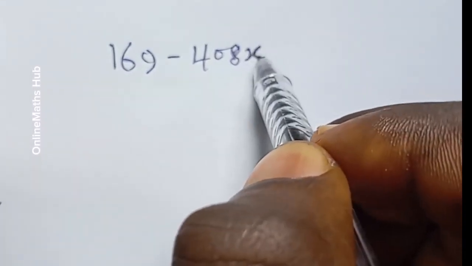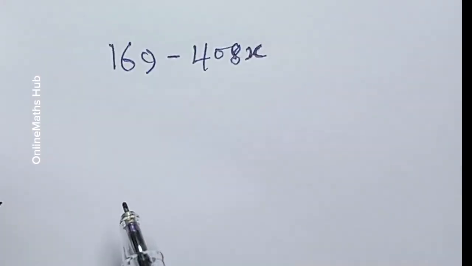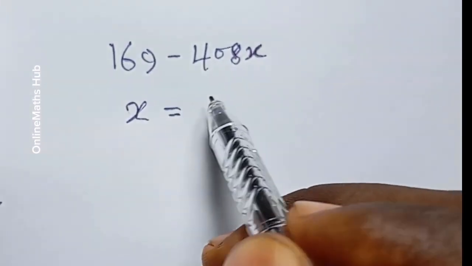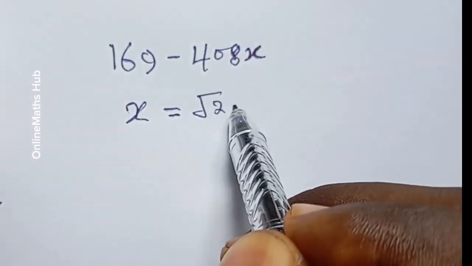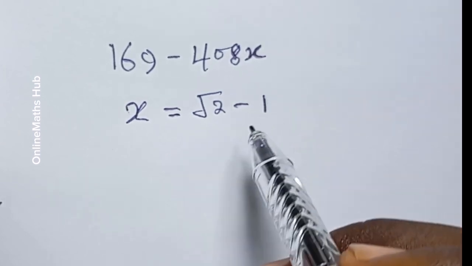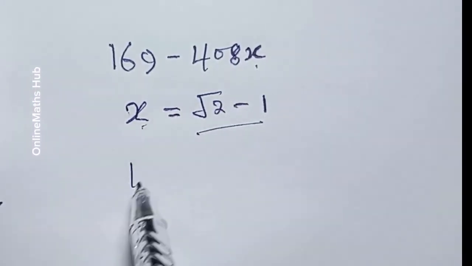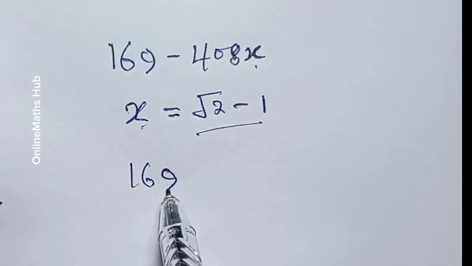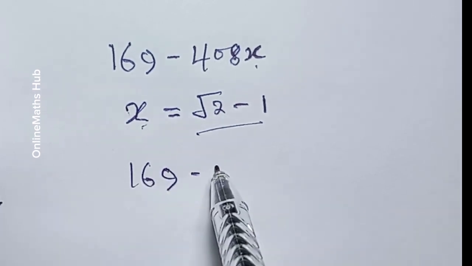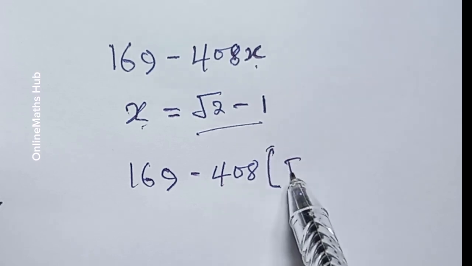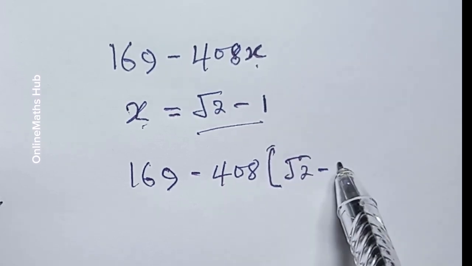This is what I have at this point. And then you remember that we set our x to be equal to root 2 minus 1. So in place of this x, I'm going to be replacing this. So if I do that, I'm now having 169 minus 408 multiplied by root 2 minus 1.